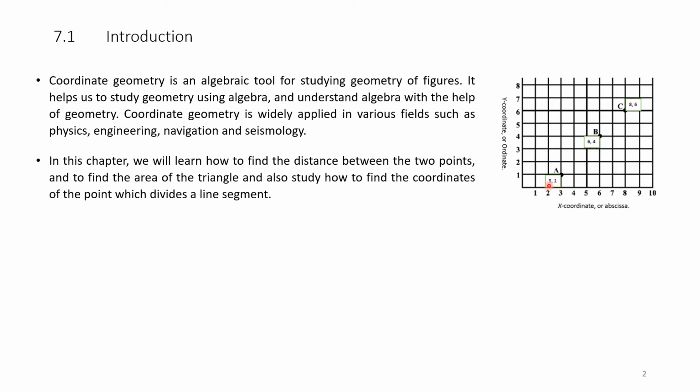First letter is X and next letter is Y. Similarly, a point B is also shown in the graph sheet. The horizontal distance is X here and the vertical distance is Y. So, horizontal distance if we count it is 6 and vertical is 4. So, therefore, B is represented as XY, that is 6 comma 4.